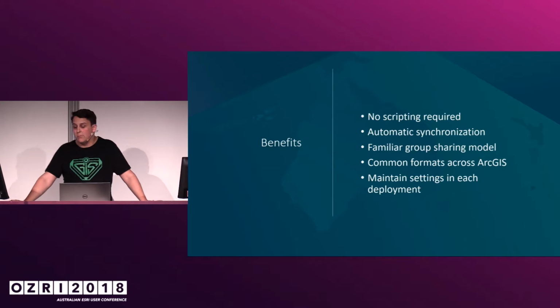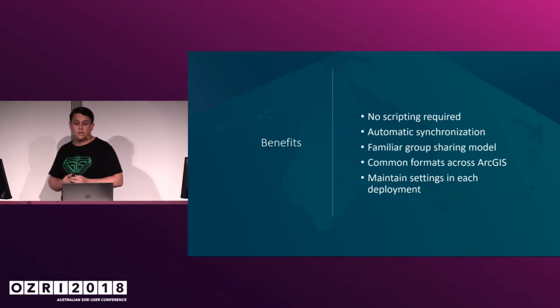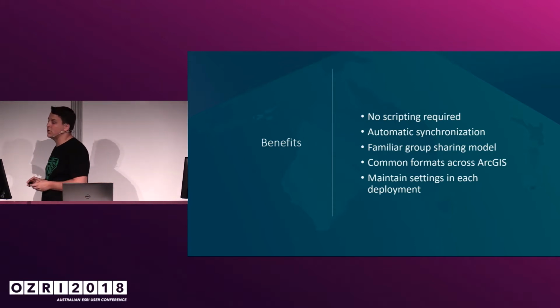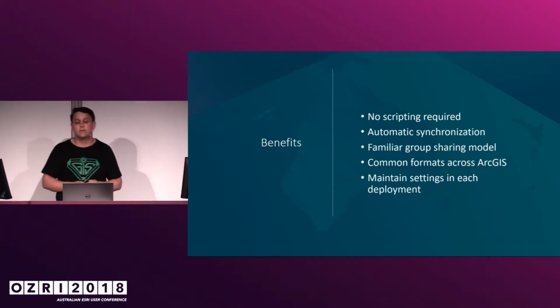The benefits of collaborations are widespread, and they mean that you no longer need to spend time and money perfecting and maintaining laborious scripts to synchronize environments. This happens automatically on a set schedule, or now, at 10.6.1, on demand.